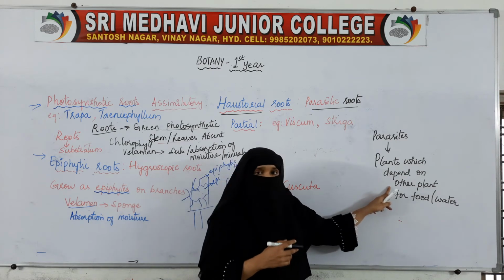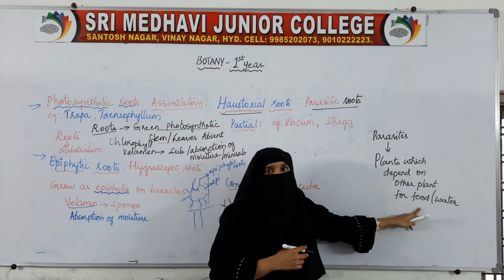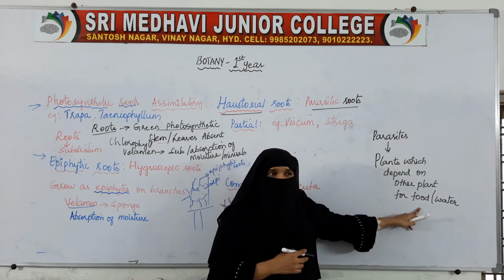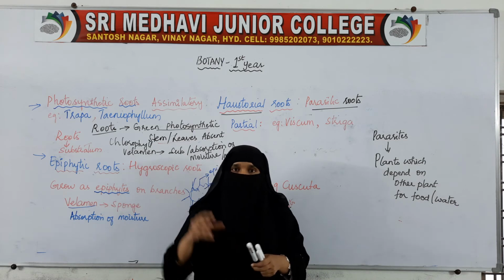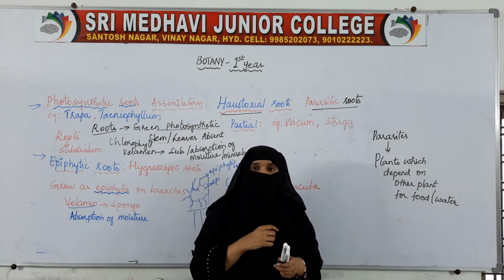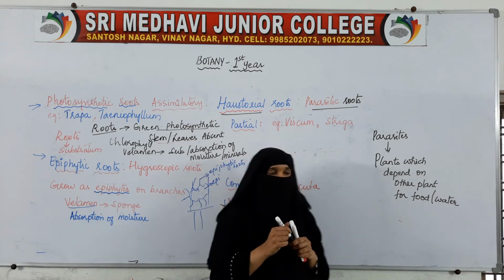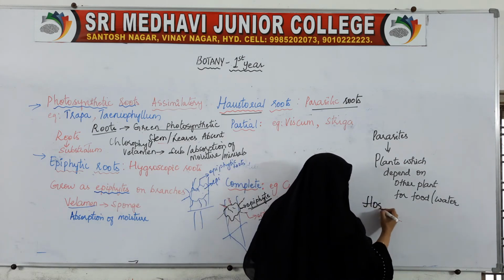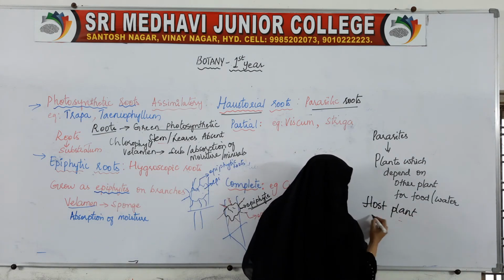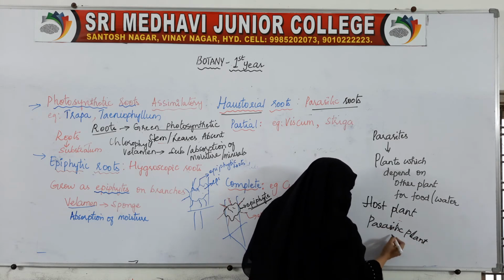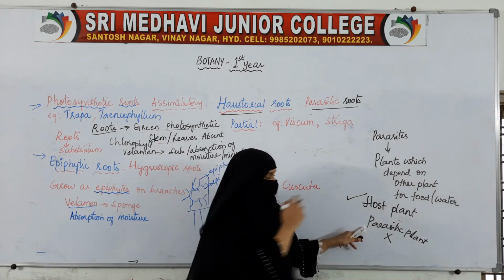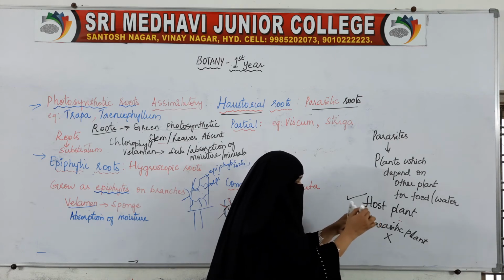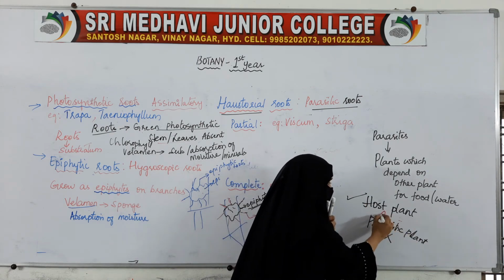These parasitic plants will be attacking another plant. The plant which it attacks is called the host plant. This parasitic plant cannot prepare its own food, while the host plant can prepare its own food.